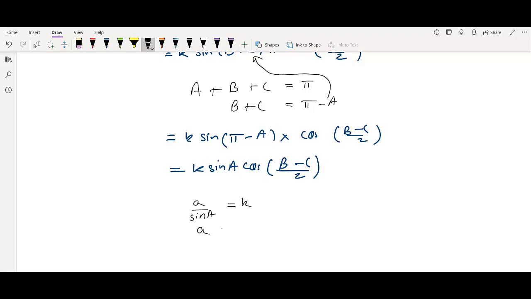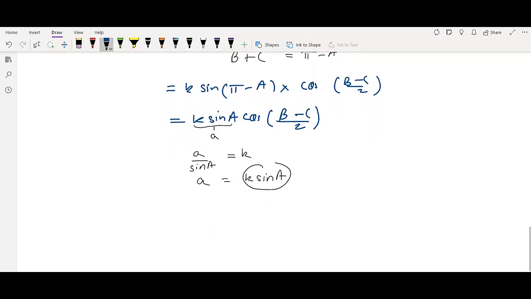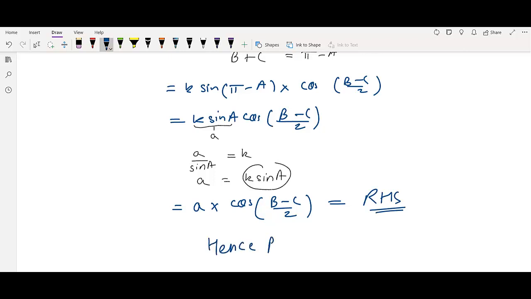So I defined that a equals k sine of capital A. Okay, and what do we have here? This is k sine a. K sine a equals a. Okay, so let me write that down. This gives me a into cos of b minus c by 2, which is just the RHS that I had to prove. Okay, so hence proved.